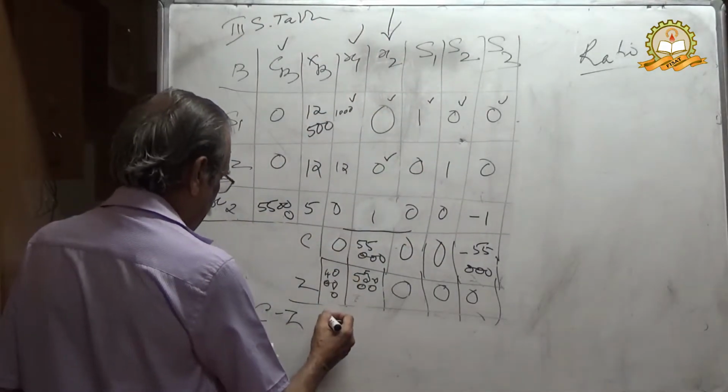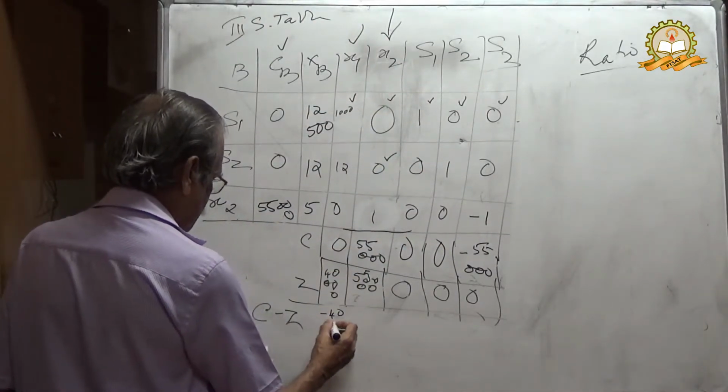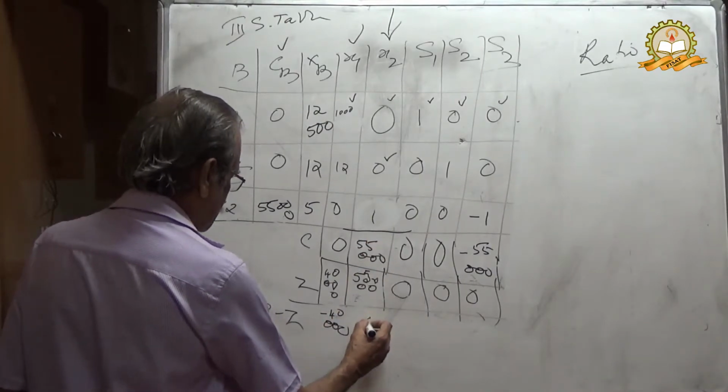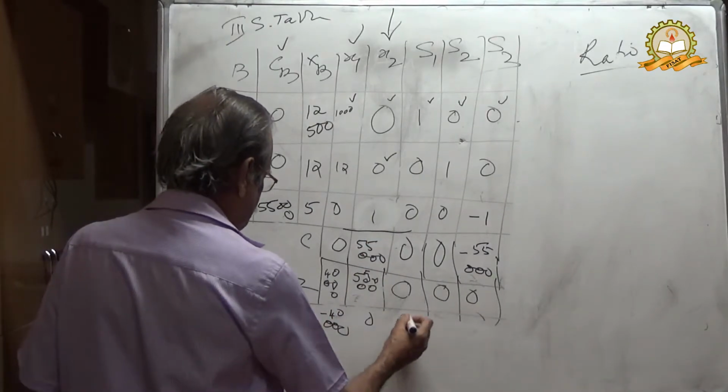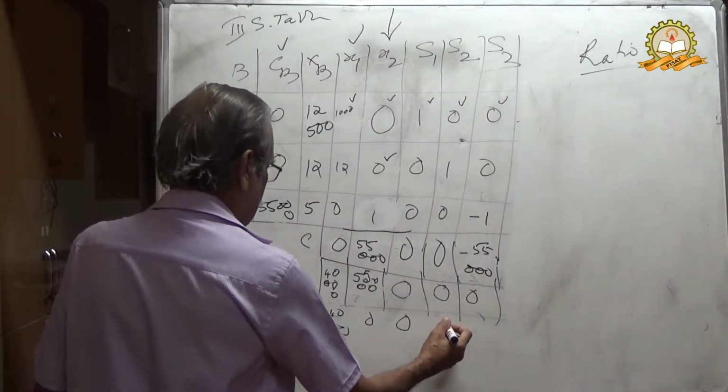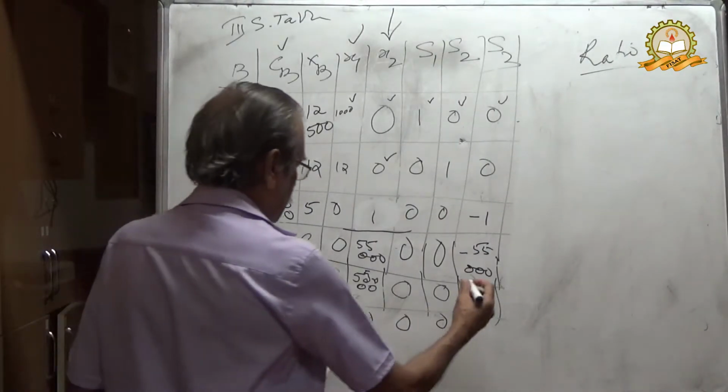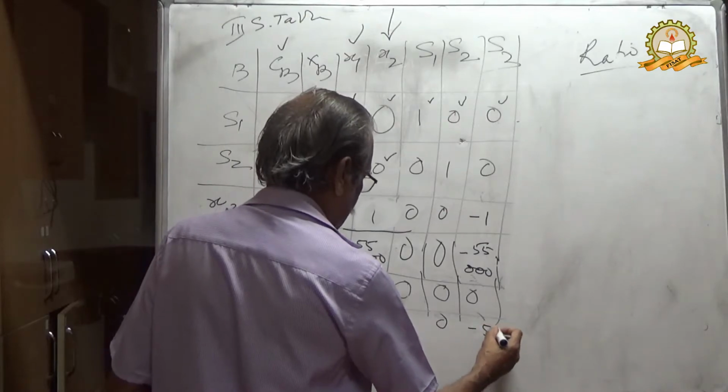Then subtracting minus 40,000. Here it is 0, here it is 0, here it is 0. Here it is negative 55,000.